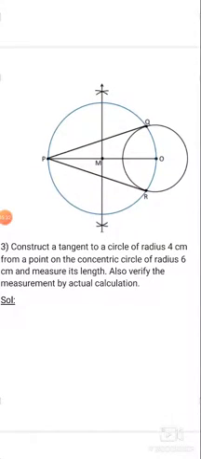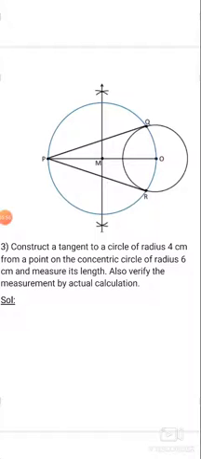Construct a tangent to a circle of radius 4 cm from a point on the concentric circle of radius 6 cm and measure its length. Also, verify the measurement by actual calculation. Now listen carefully. Here we need to construct a tangent to a circle of radius 4 cm from a point on the concentric circle.